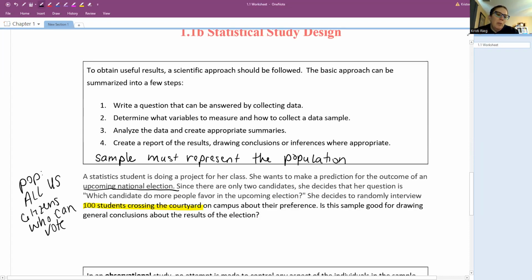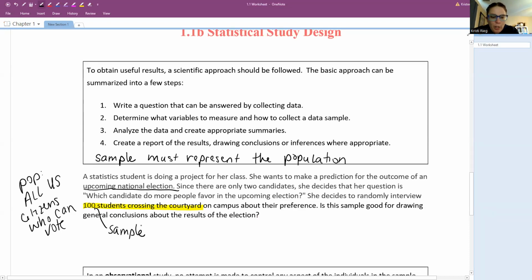We don't want to include people who can't vote. Now, we can include people who don't vote. That's different, but we're looking at who can vote. That's who is relevant in this question about the national election. And it's everyone in the US. This is national, so it's not just one state. And she interviewed 100 students crossing the courtyard. So right here, that's our sample.